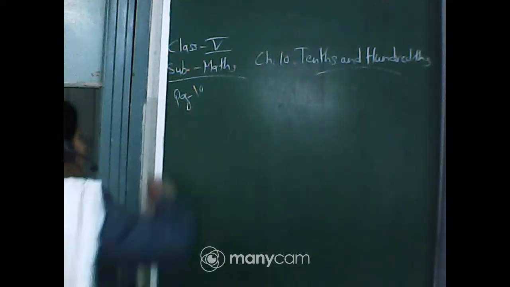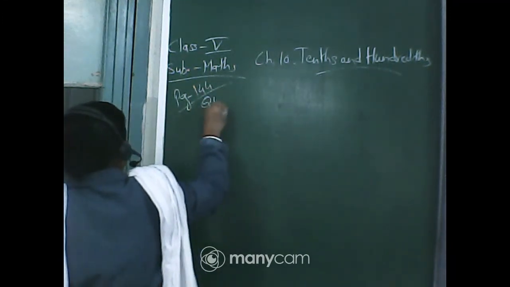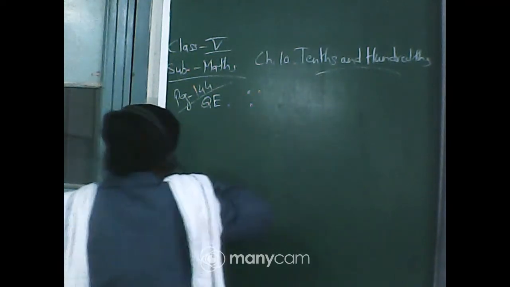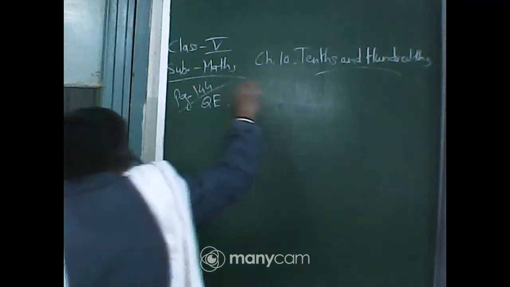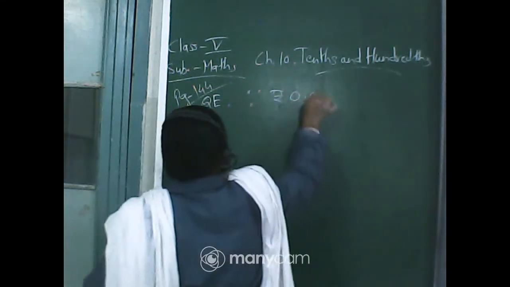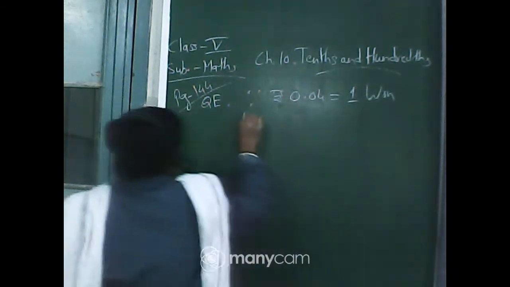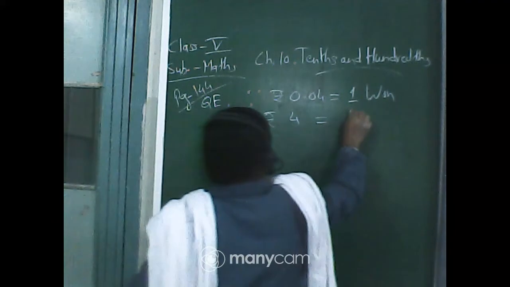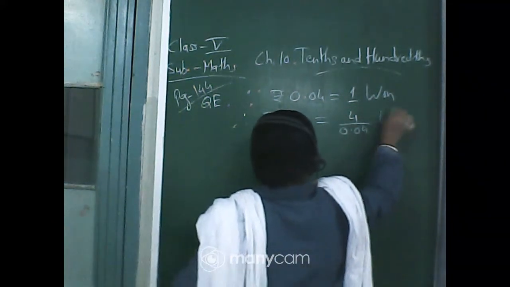This is page number 144, question number E. Since rupees 0.04 is equal to 1 won, therefore rupees 4 is equal to 4 divided by 0.04 won.